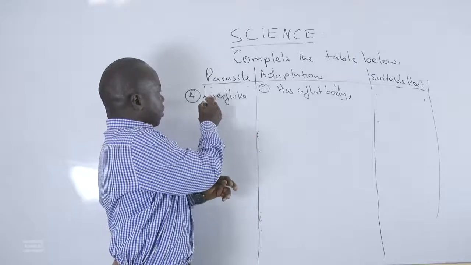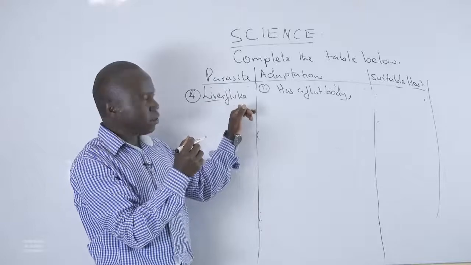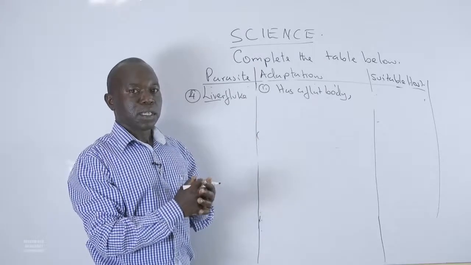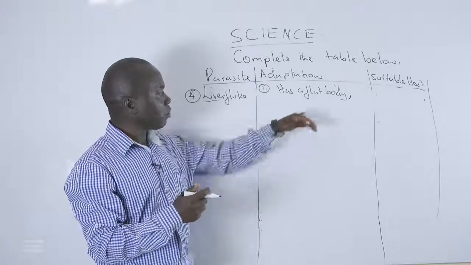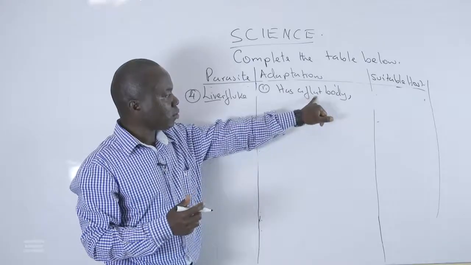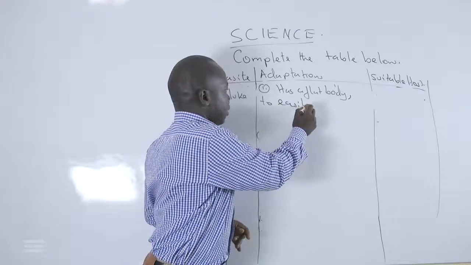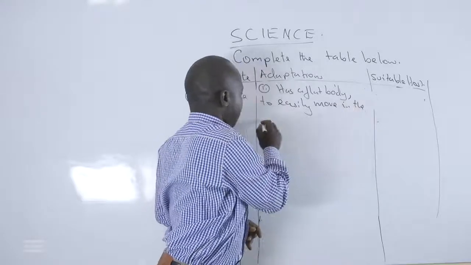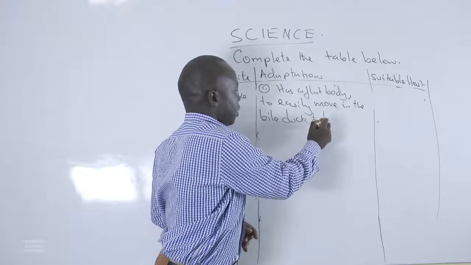The word liver means one of the organs where it will be found is in the liver. So for it to squeeze into the bile ducts so that it reaches the liver, it must have a body that is suitable for that. The flat body helps it to easily move in the bile ducts to the liver.